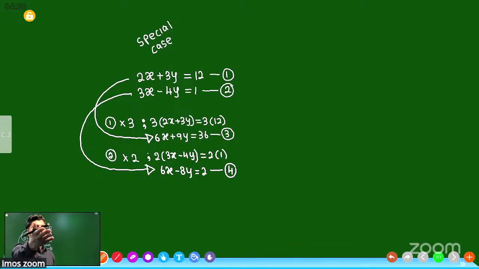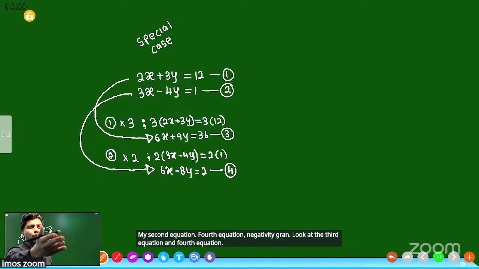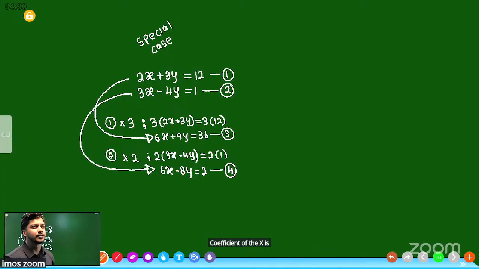Look at the third equation and fourth equation. The coefficient of x is 6, same numbers with same signs. Go for the subtraction.